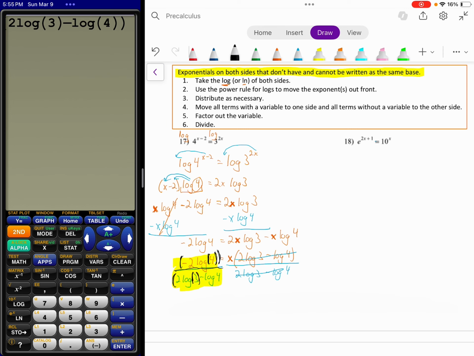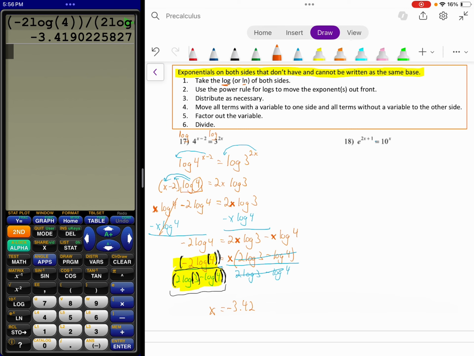We close the 3. Log of 4, the calculator gives us that one. We close this one for the 4, but then we close another one for the whole denominator. And then we hit enter. And we get that x equals negative. Now the directions said round to the nearest hundredth, so negative 3.42.